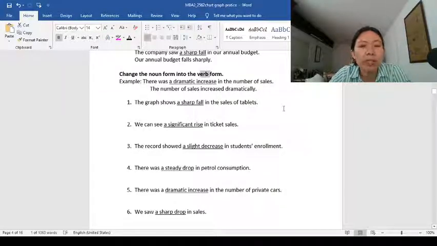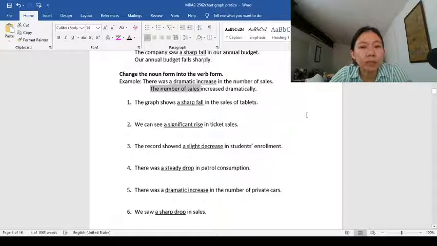So look at the example together. Here: there was a dramatic increase in the number of sales. We have a noun phrase here with noun and adjective. What I'd like you to do now is to change it into subject, verb, and adverb. The easiest way is to move the number of sales and use it as the subject.